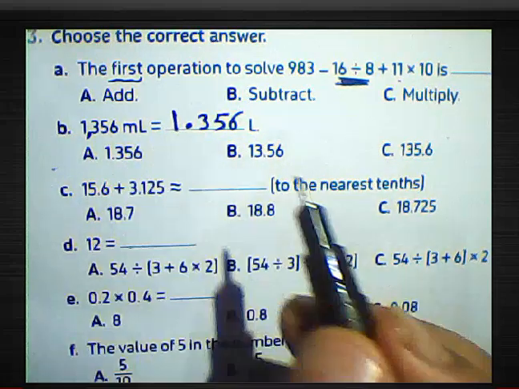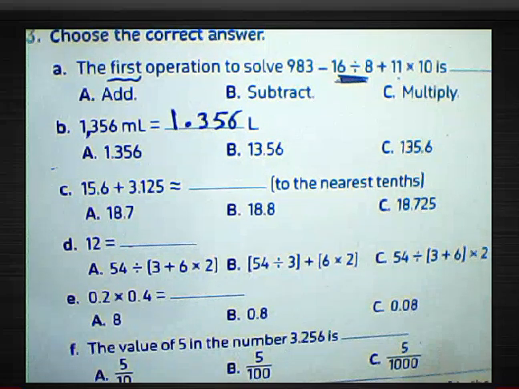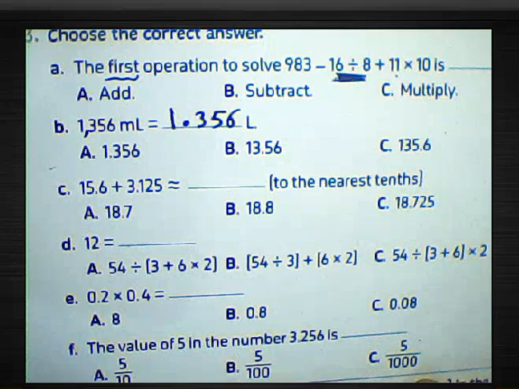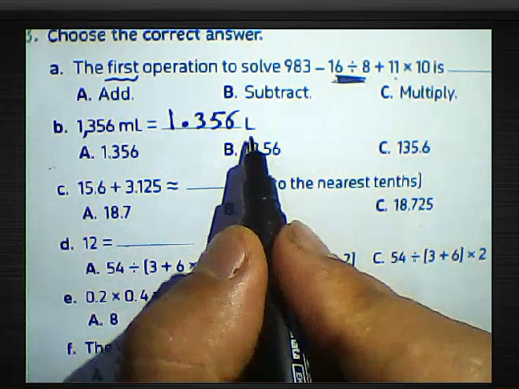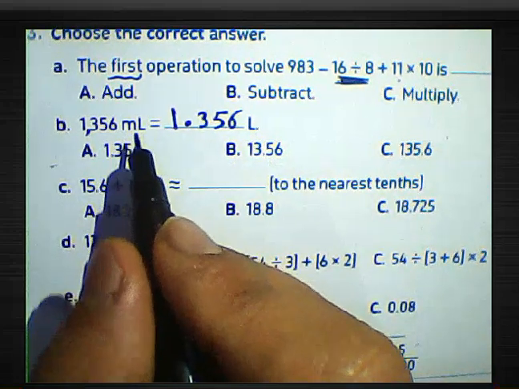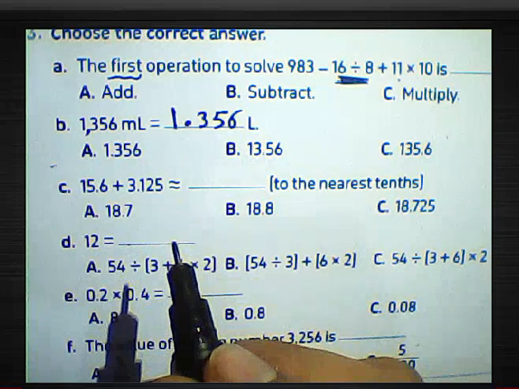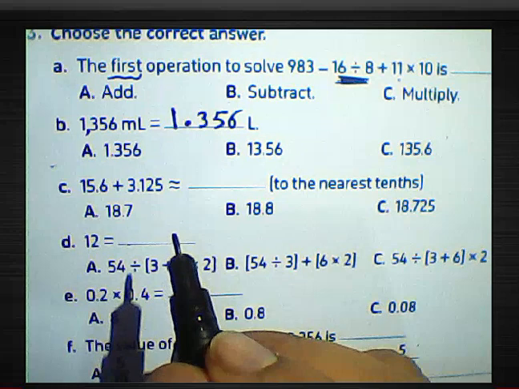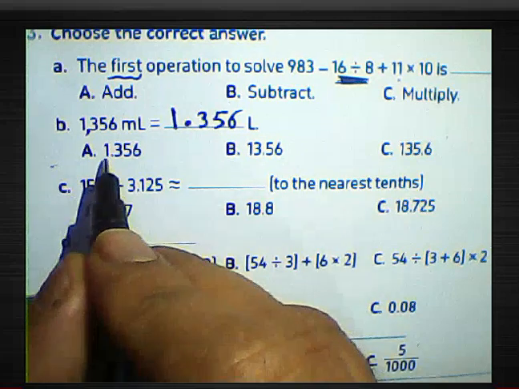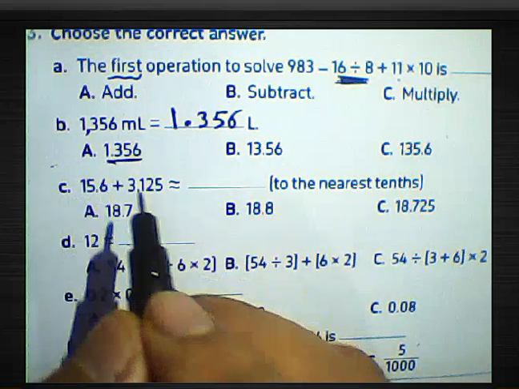We know liter and milliliter are units of capacity. Okay, do you remember this lesson? L refers to liter and ml refers to milliliter. To convert from milliliters to liters, we must divide by 1000. So we must choose letter A, 1.356.